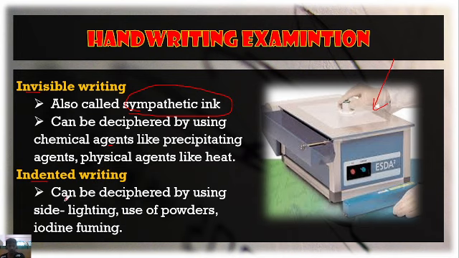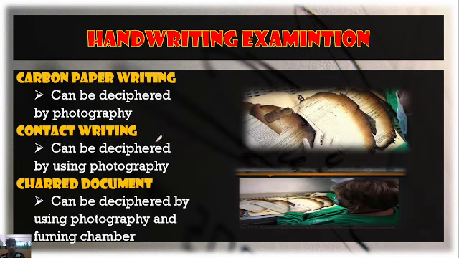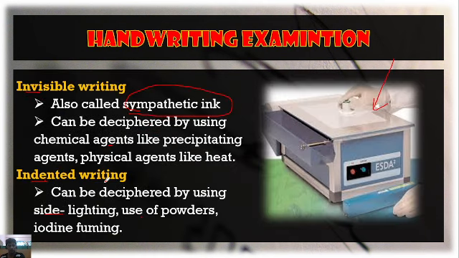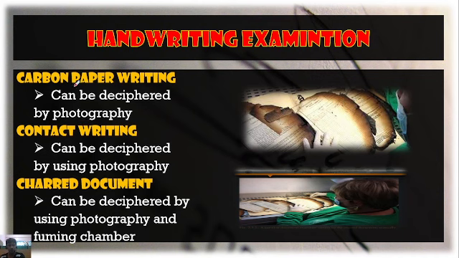Aside from that, they mentioned that side lighting, the oblique light method, or use of powders, iodine fuming or chemical method could also be used in detecting indentations or indented writing. For carbon paper writing, that could be traced through the use of photography as well as contact writing.